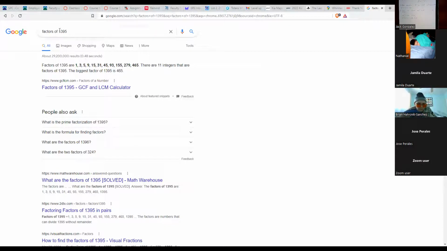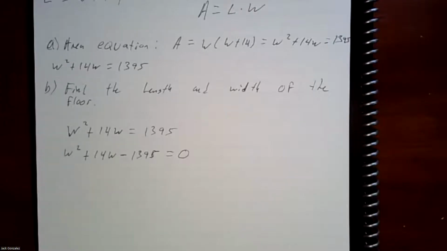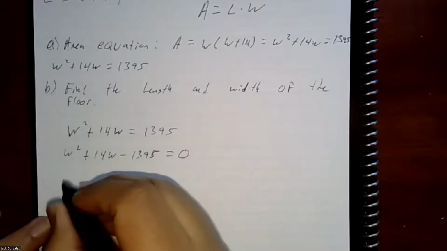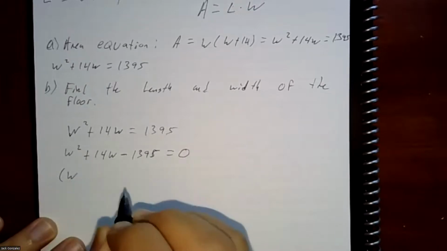And since 1395 is negative, that means I should have a plus and a minus factor. So 31 times 45 gives me 1395. If I subtract them, this is 14 more, right? So you can use your calculator and just try dividing and find factors. But if you don't want to do that, you could do the quadratic formula. Either way, I don't care how you do it.